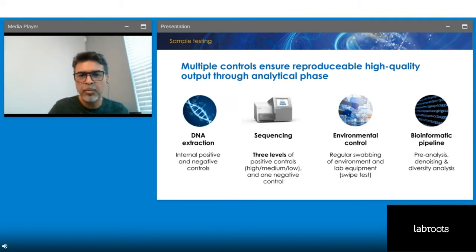There are multiple controls introduced during the whole process of NGS. During the DNA extraction, we have internal, positive and negative controls that are introduced to guarantee that the DNA is extracted from the specimen.